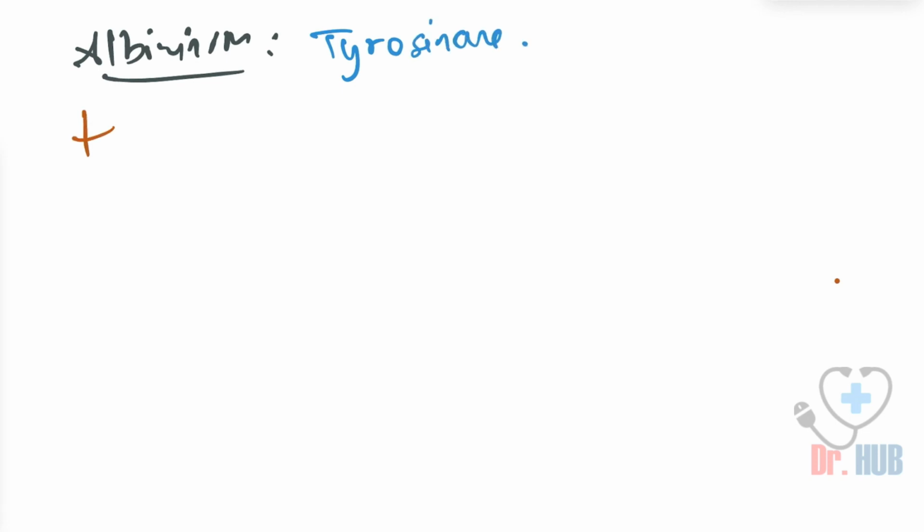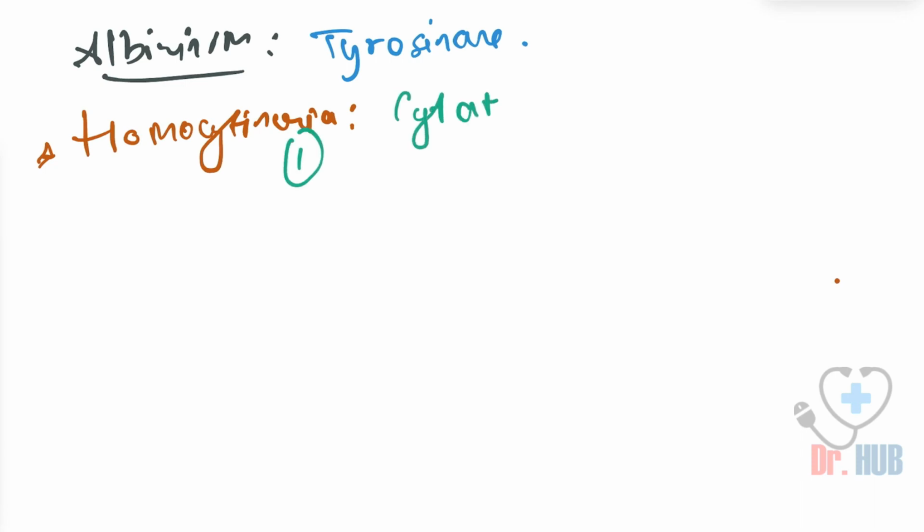And then looking at homocystinuria. In case of homocystinuria, what is the enzyme that is defective? This is specifically type 1. So type 1, it is the cystathionine synthase.